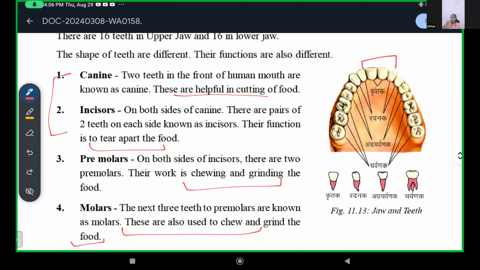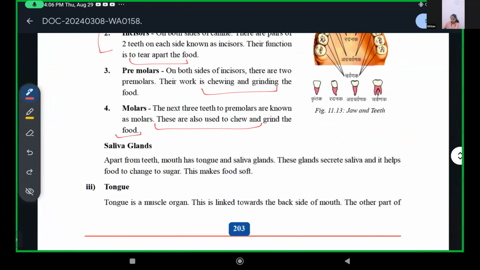And then when we have broken it into smaller pieces, it goes to the back of the mouth and you chew. Chewing is done from the back. We don't chew from the front teeth. So that is mainly the function of all the teeth.